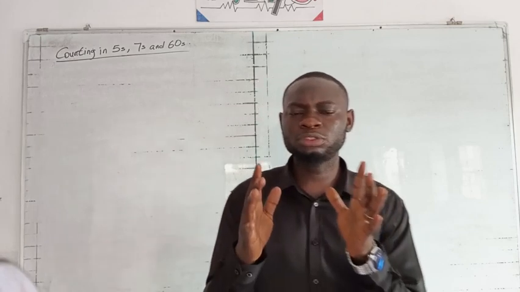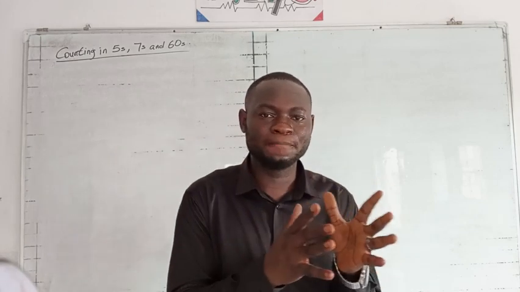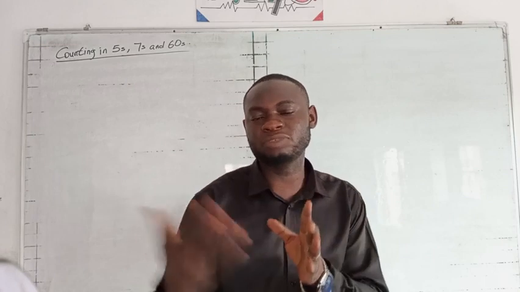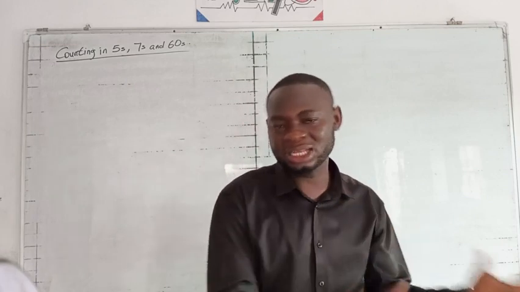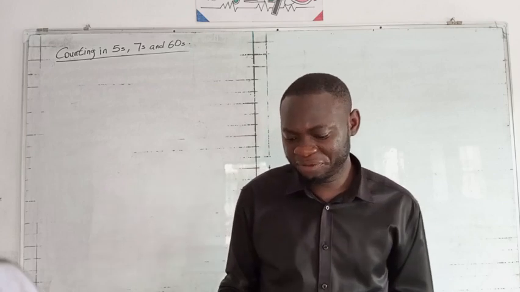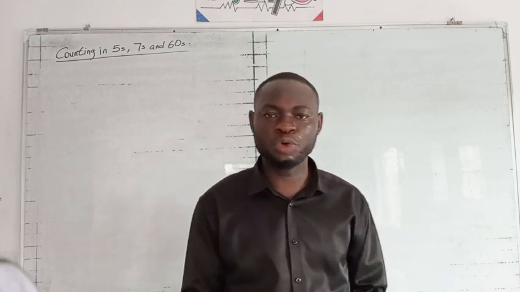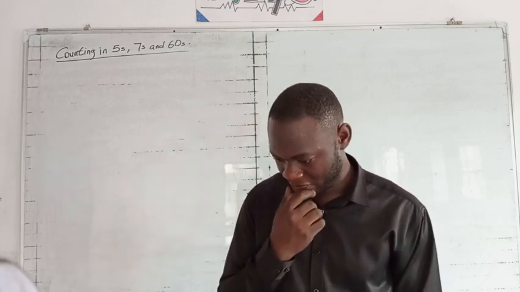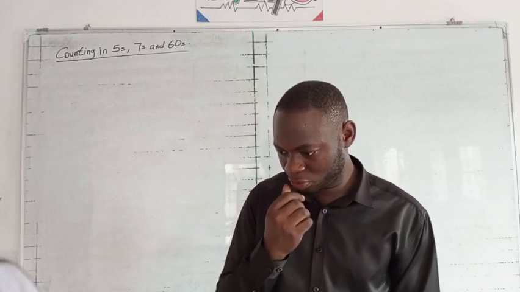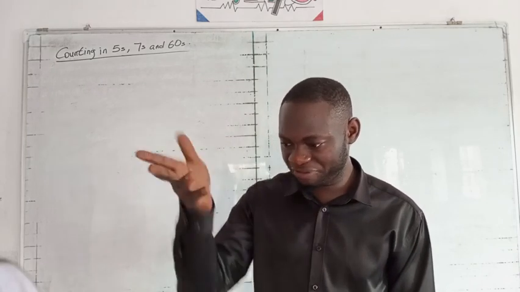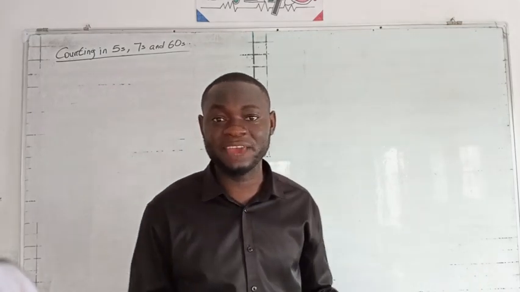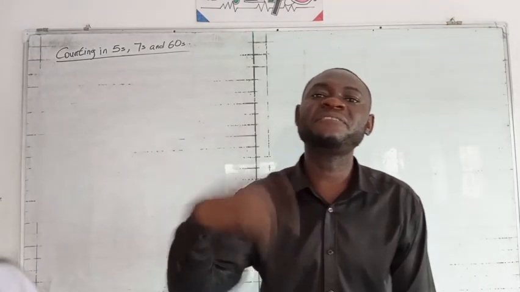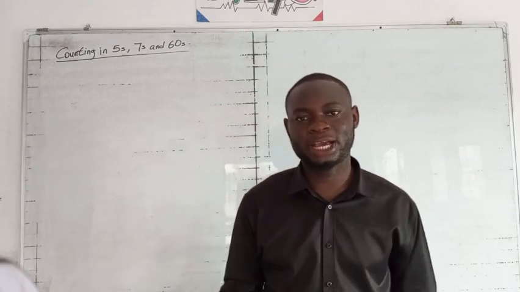So you see, we are now trying to apply this skip counting method to our daily activities. Since we know that there are 7 days in 1 week, I can ask, how many days do I need to stay to get to 5 weeks from now? I will simply do 5 times 7, which gives me 35. That means there are 35 days in 5 weeks.